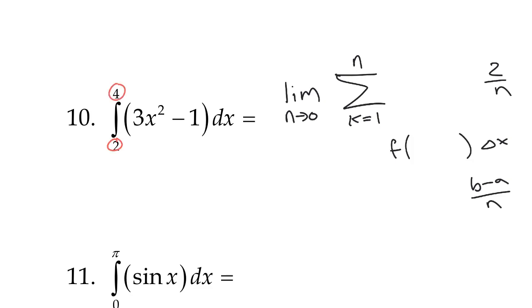I also know that I'm starting at 2. So when I plug in the a plus k delta x, I know a already, it's 2. So I'm going to kind of write this off to the side, f of 2 plus k, which is literally going to be in the answer, and delta x I already know is 2 over n.